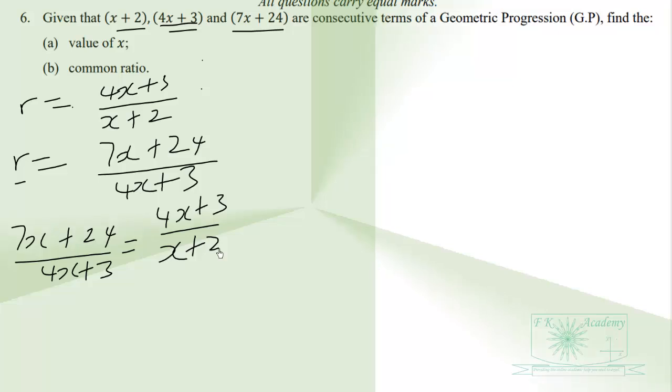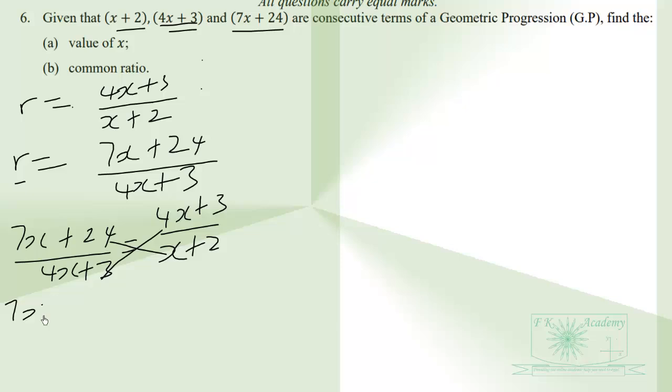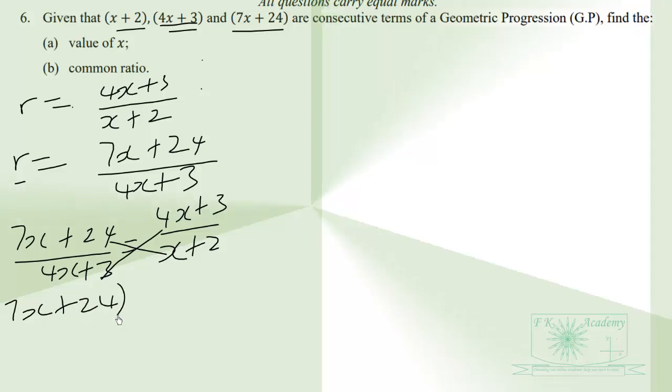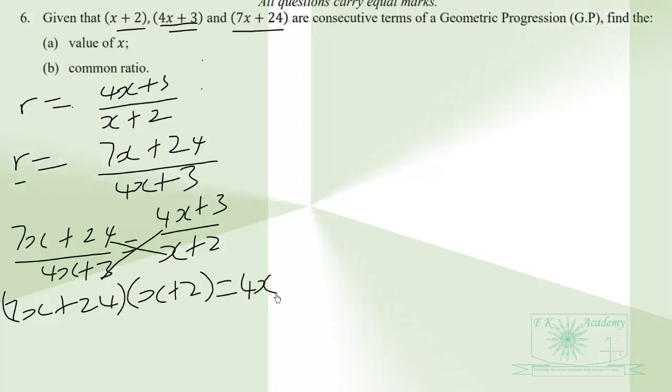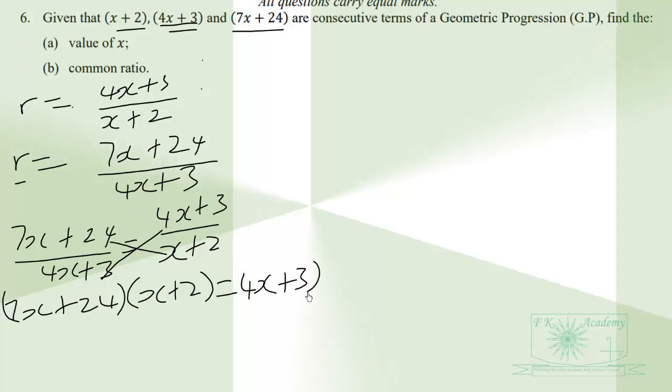So we can cross multiply this times this times this. So we have 7x plus 24 times x plus 2 is equal to 4x plus 3 times 4x plus 3.